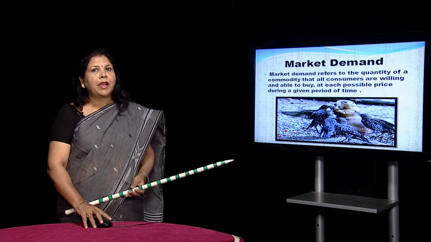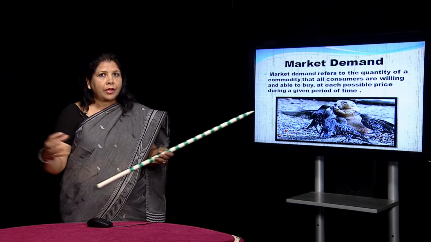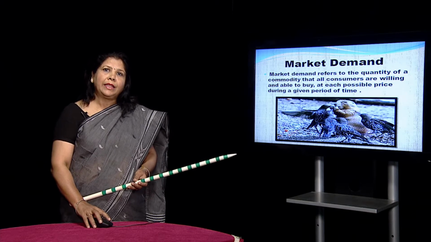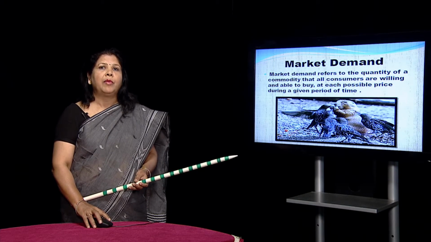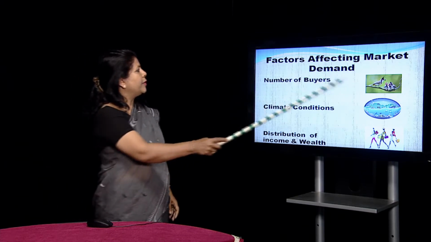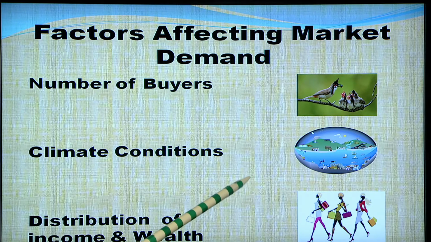Naturally, every market has more than one buyer and we have to consolidate their demand or bring it together, and that is what is known as market demand. The factors affecting market demand are the number of buyers, the climatic conditions facing the buyers, and the distribution of income and wealth.